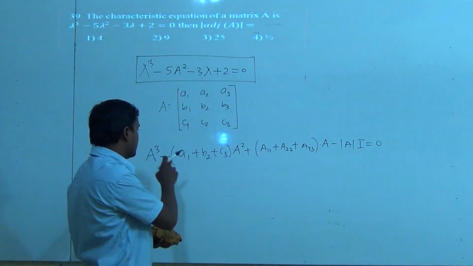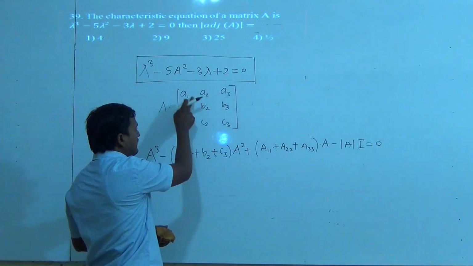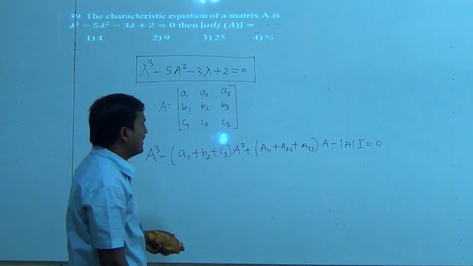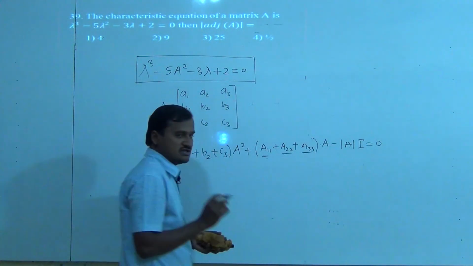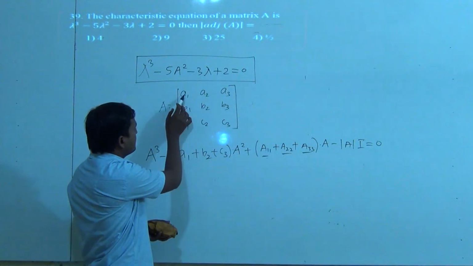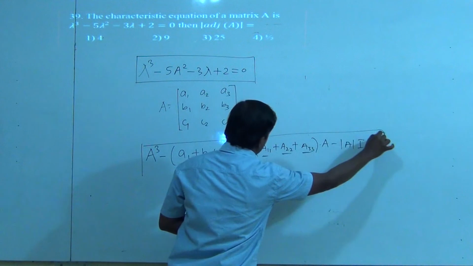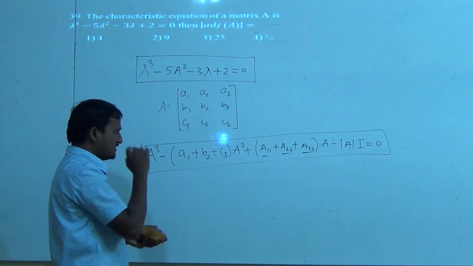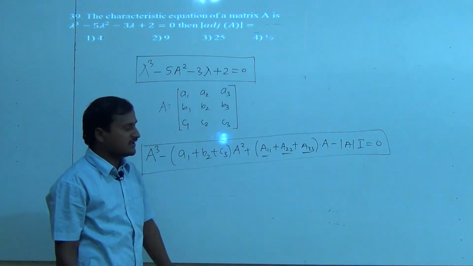Here a1, b2, c3 are the principal diagonal elements, and A11, A22, A33 are the cofactors of the principal diagonal elements. You should remember this formula, or this equation, which is related to a matrix of order 3 cross 3.